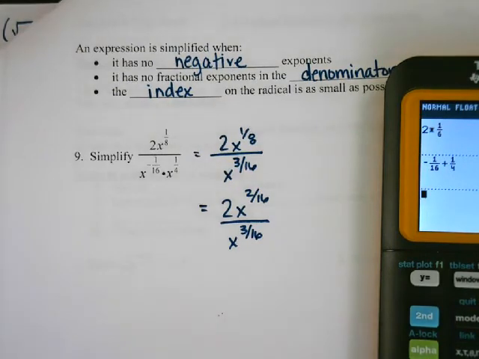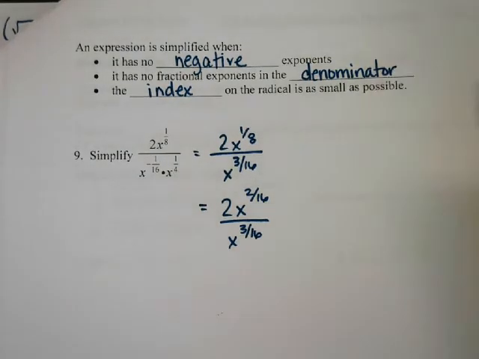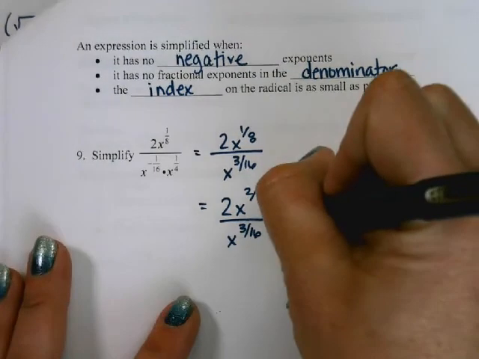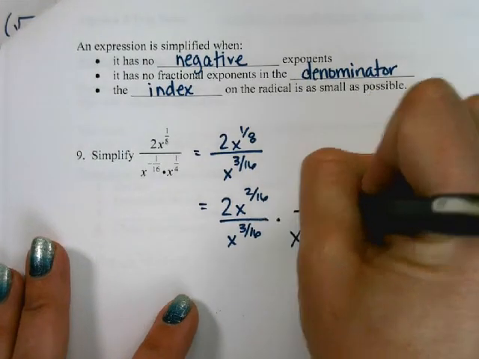So let's just get him to be a whole number anyway. So I've got 3/16. How many more 16ths do I need to give him so he's a whole number? 13, right? All right, so I'm just going to rationalize by 13/16.